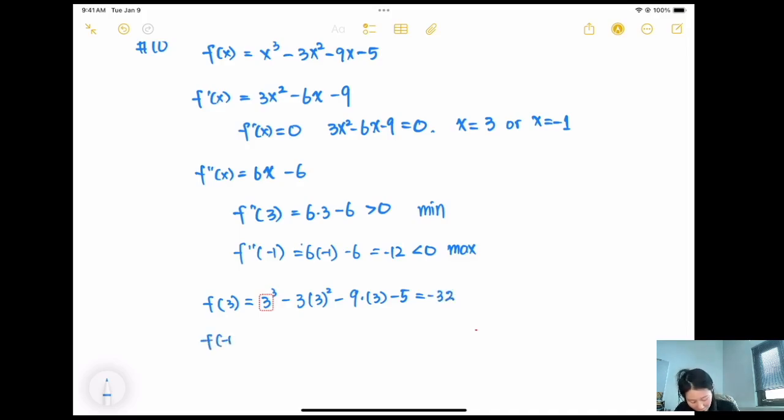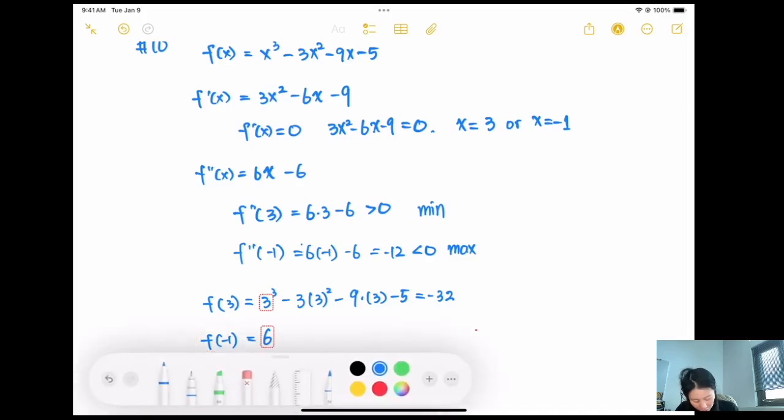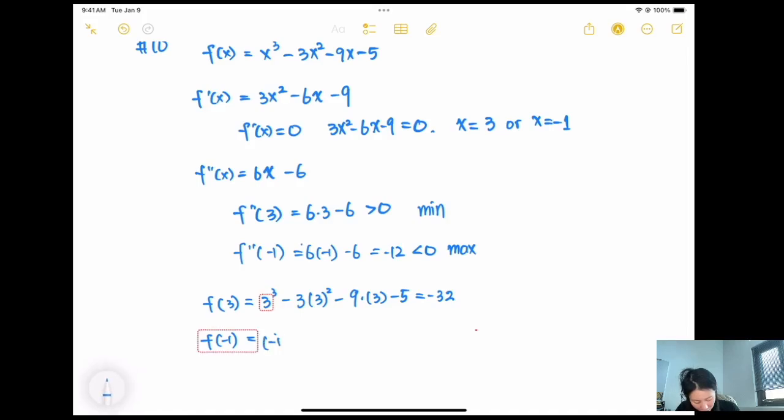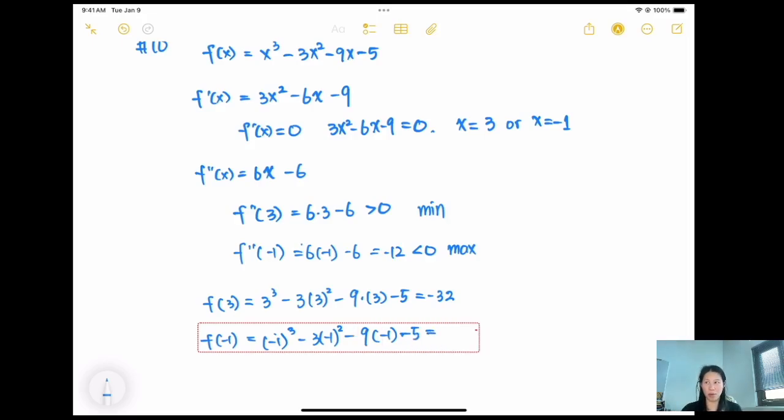And then f of -1 equals -1 cubed minus 3 times -1 squared minus 9 times -1 minus 5. This equals 0.